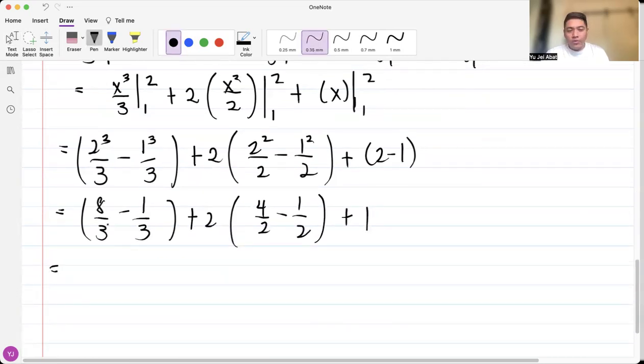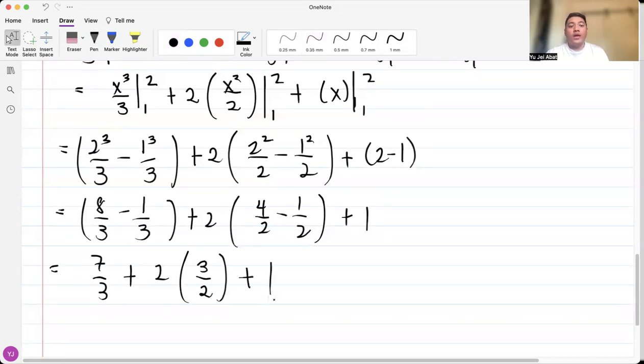So 8 all over 3 minus 1/3 is 7/3. Plus, we know that this would become 4 halves or 2, so this will become 3 halves. 4 minus 1 is 3. Copy the same denominator, we have 3 halves, and both cancel, the 2, of course.